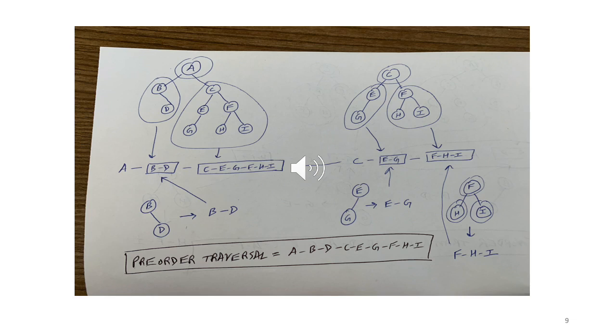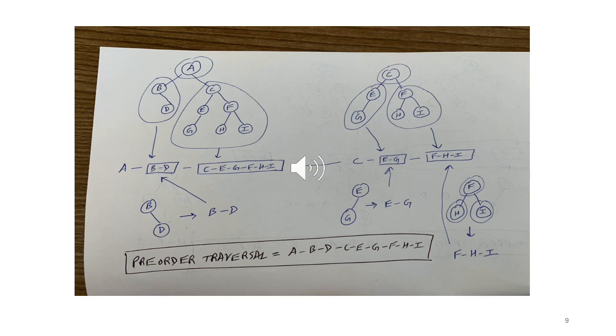We'll find the answer for this box when we do a pre-order on the tree with nodes B and D. Followed by the right subtree, which has C, E, F, G, H, I, so we have a box for that. So root, which is A, followed by left subtree, a box in which B and D will appear in some sequence, and followed by another box for the right subtree in which nodes C, E, F, G, H, I will appear in some sequence. What is that sequence? We'll only know when we do a pre-order on that.